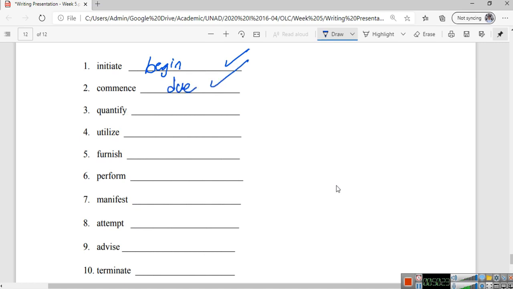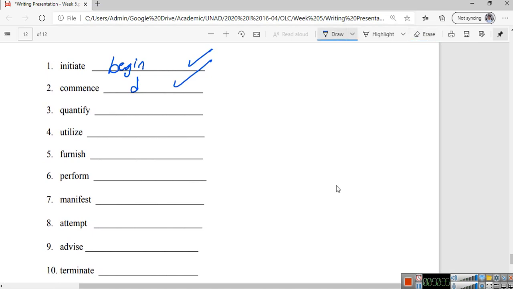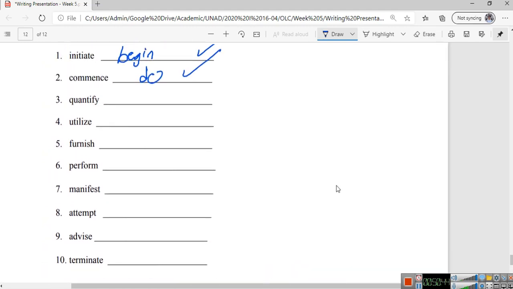All right. Number 3, quantify. Measure. Okay, I'm going to give this one to you, but we're going to continue.